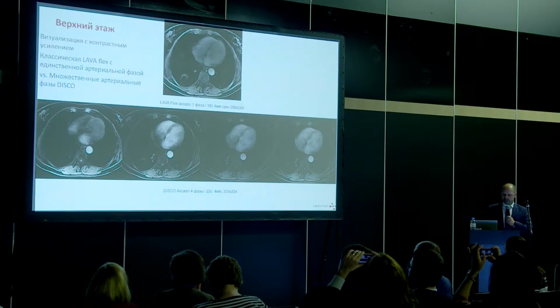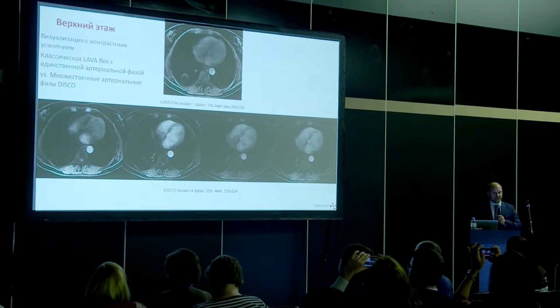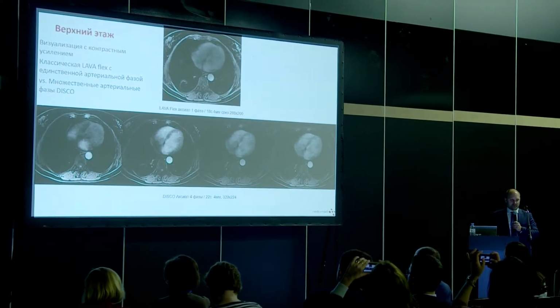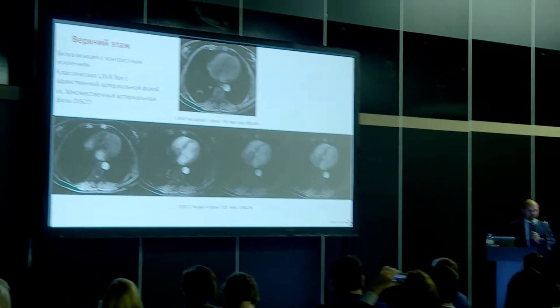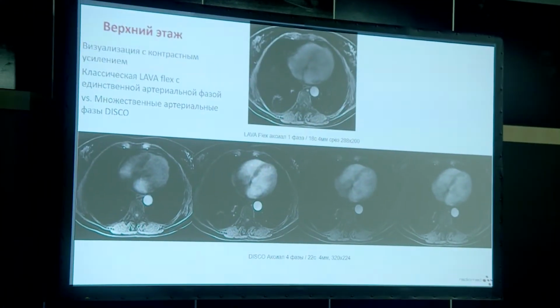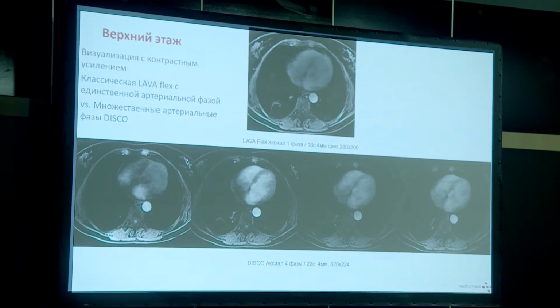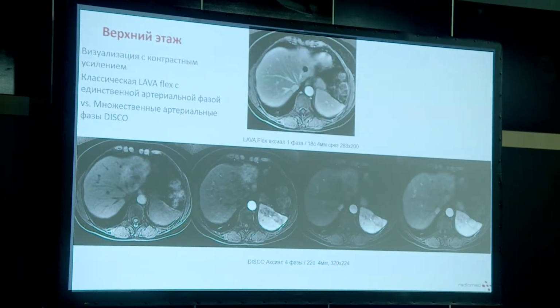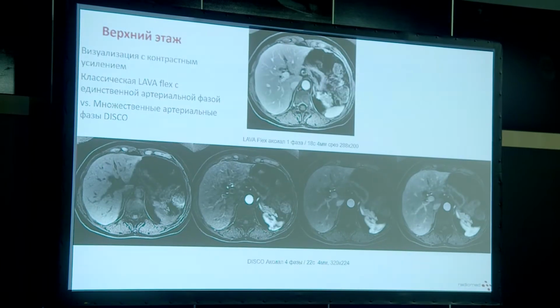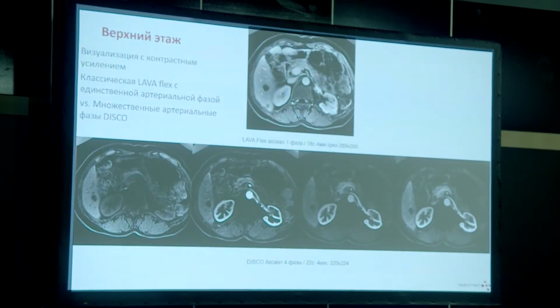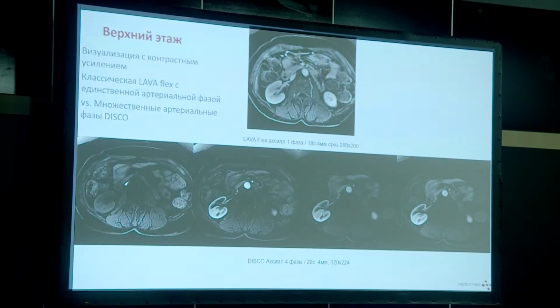This slide shows you in the first row an example of what we did over years in contrast-enhanced MR imaging. That's a sequence called LAVA Flex. It's a 3D gradient echo sequence acquired within a single breath hold, delivering one contrast phase.